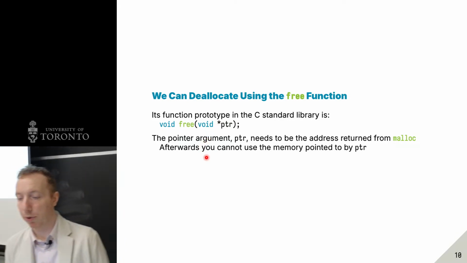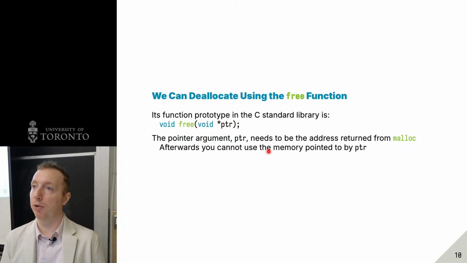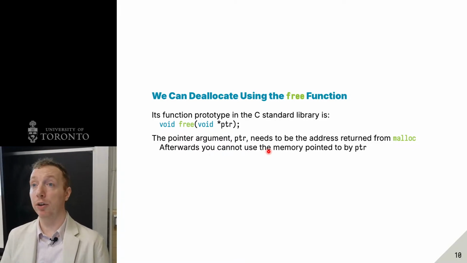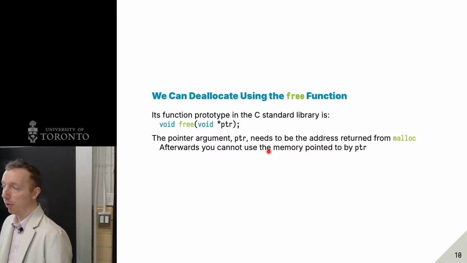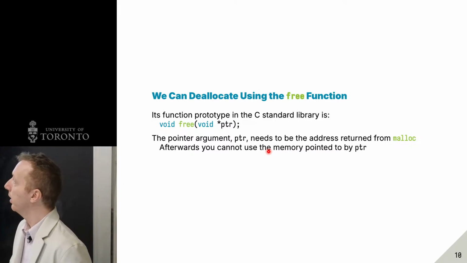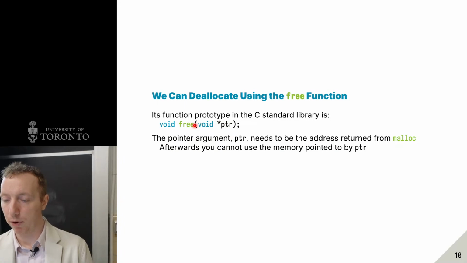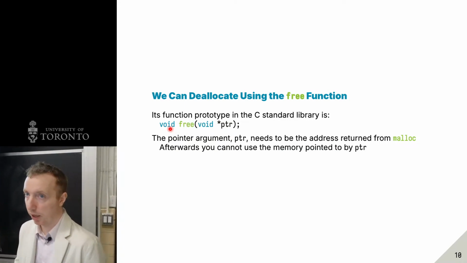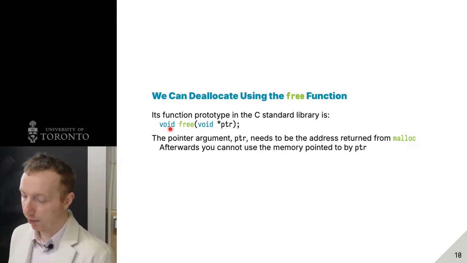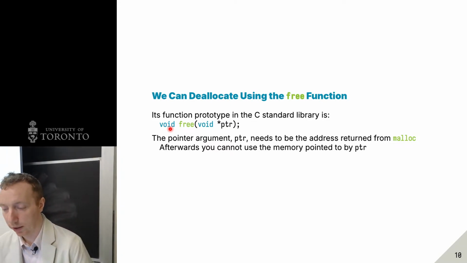And then afterwards, you cannot use that memory pointed to by the pointer, just like we couldn't use it before when we returned the address of another function's variable after that function no longer existed. Same idea here, and free returns void. It doesn't return an error or anything like that. It's up to you to use this correctly.